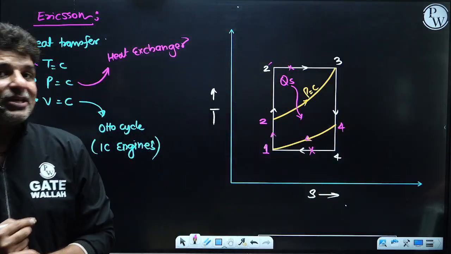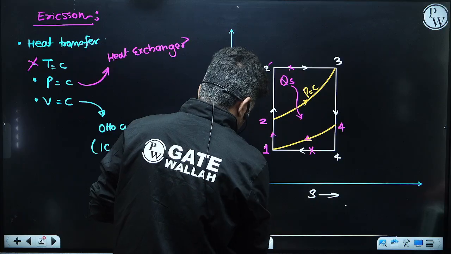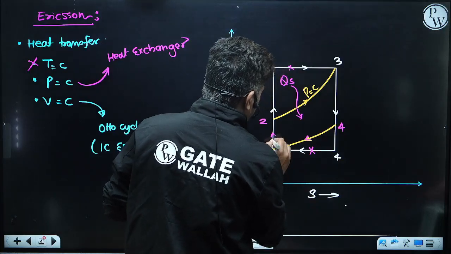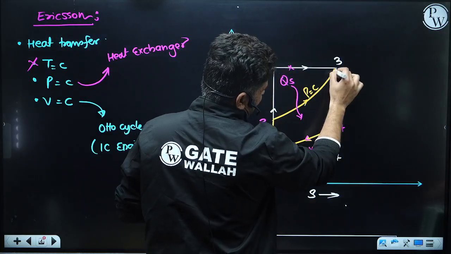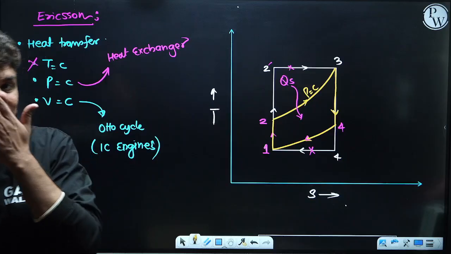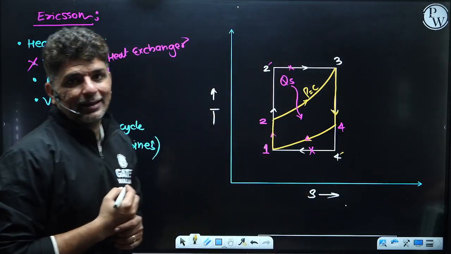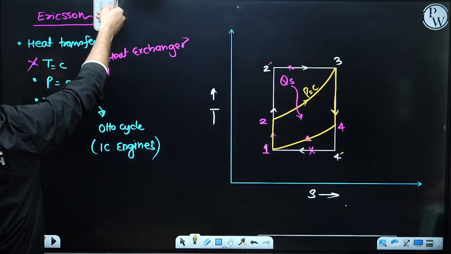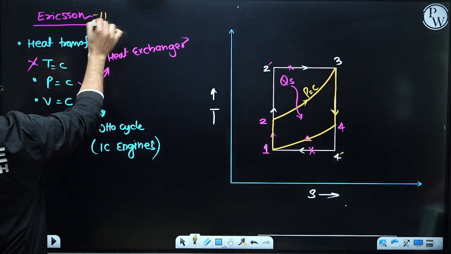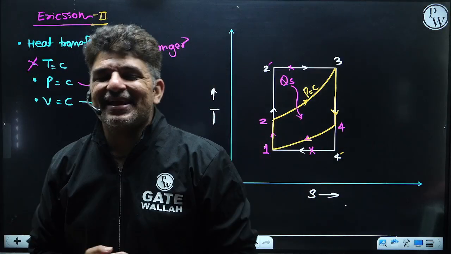So now you see you have a cycle that can actually run. Okay, and this cycle was called the Ericsson 2 cycle. This cycle 1, 2, 3, 4 is called the Ericsson 2 cycle. But guys, there are a lot of people who claim to have designed this cycle.